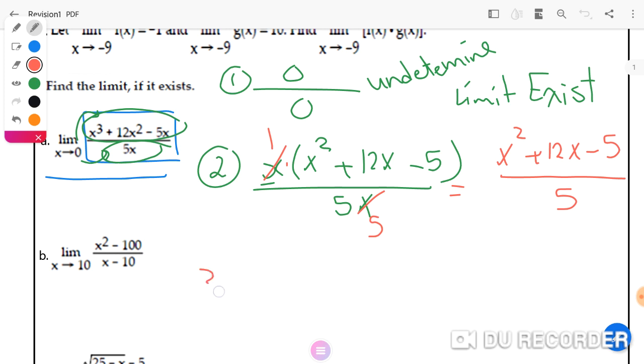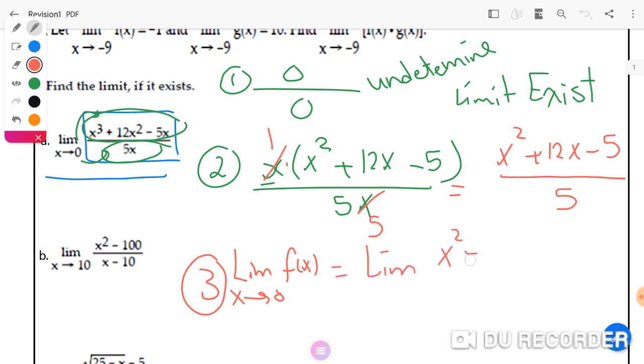Third step, as I told you, what? Limit the given function, limit f of x, which is the given function, when x approaches 0, it will be like the limit of its redefining function, x squared plus 12x minus 5 over 5 when x approaches 0. To find the value of this limit, I told you before, in step 1, I substitute in the original function.